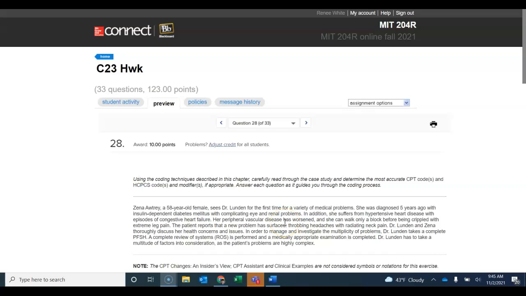So we can't find our level based on time. So we're going to have to base it on decision making. Okay, so I would say because she's got diabetes, eye problems, renal problems, heart problems, vascular problems, now she's got a new problem. Okay, we're probably going to look at complex. Okay, that is my first inclination.